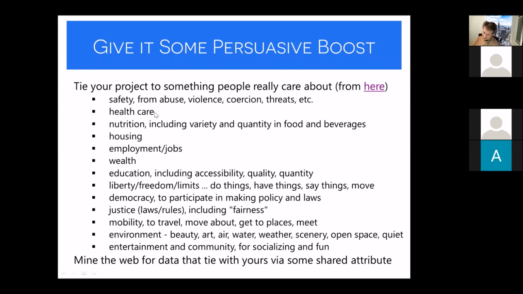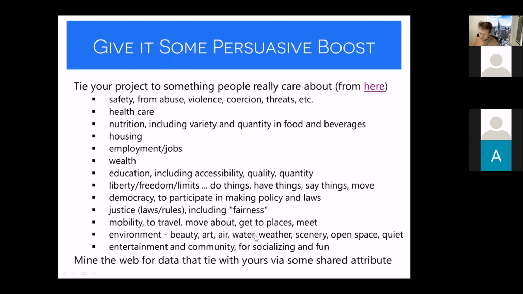People care about healthcare. People care about nutrition, a variety of quantity of food and beverage. People care about housing, employment, wealth, education, liberty, democracy, justice, including fairness, mobility, environment, and that includes everything, entertainment, community, and so on, right?